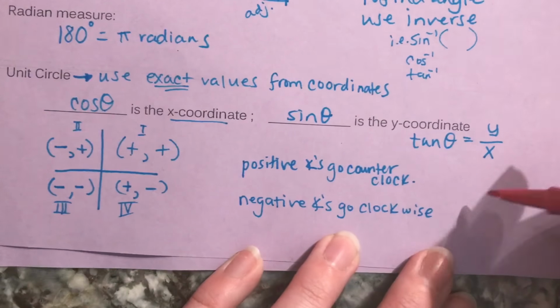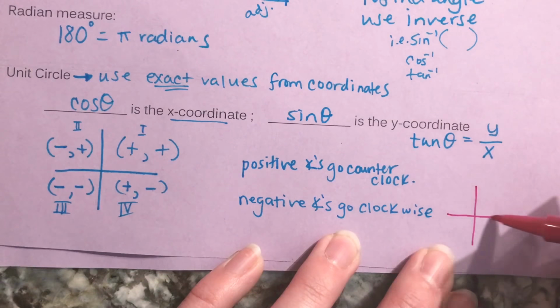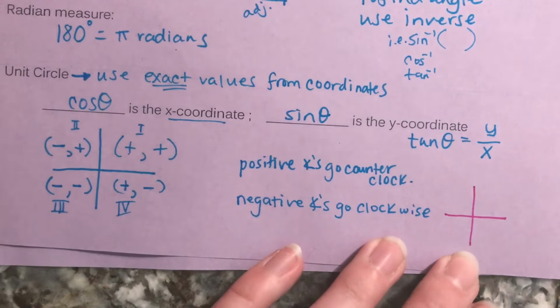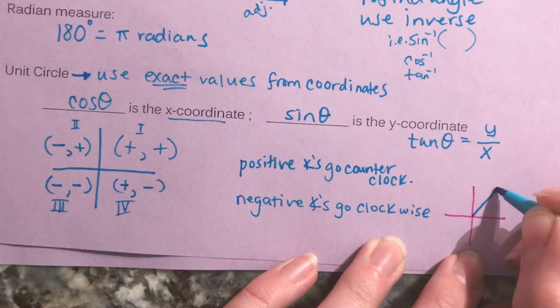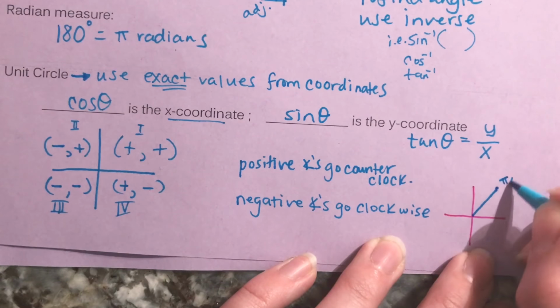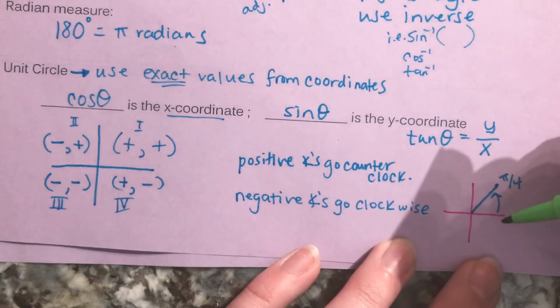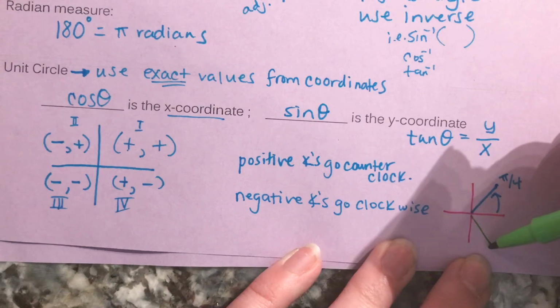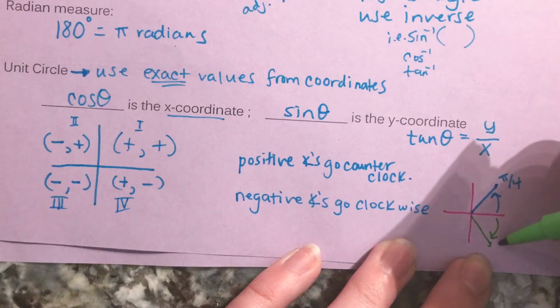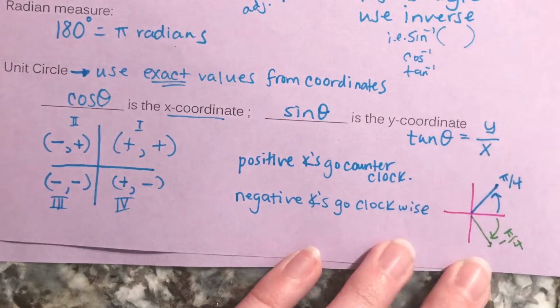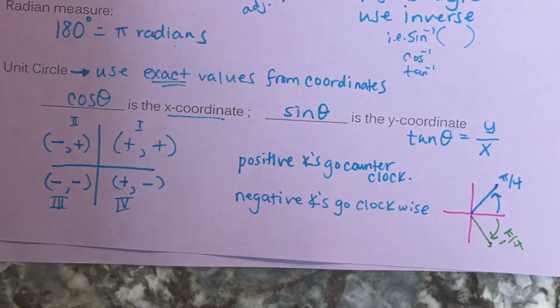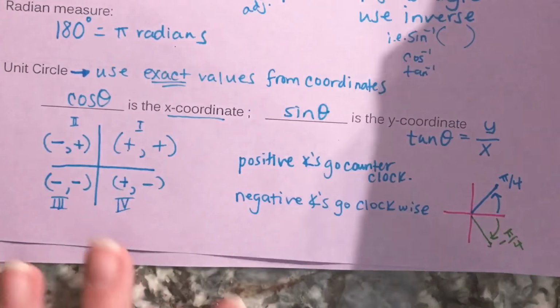So if we just kind of sketch a little picture, if the angle was here, let's say this is at pi over 4. If I go the other way, the same distance, this angle would be negative pi over 4. And let's head to the next page.